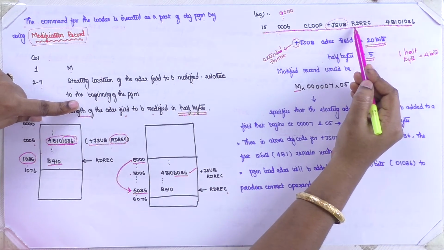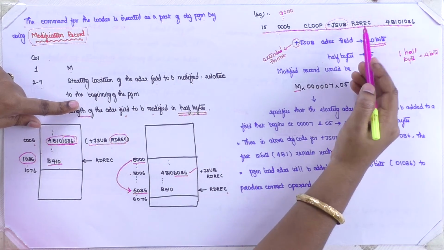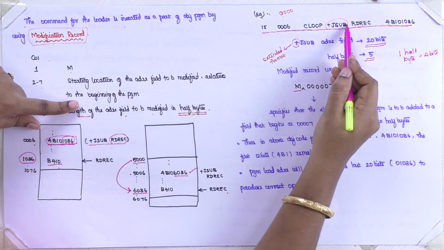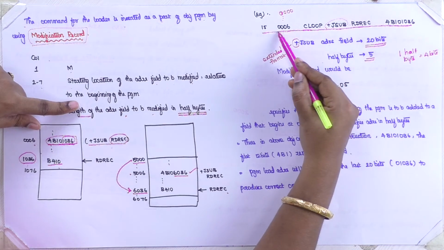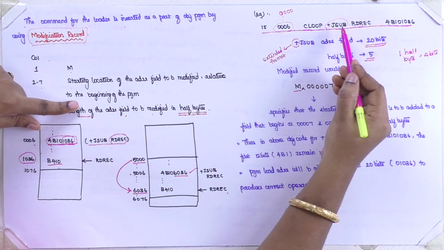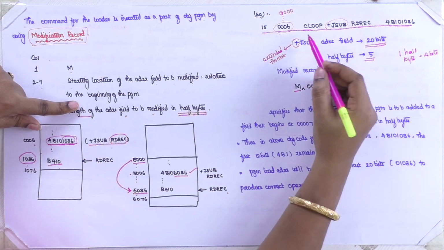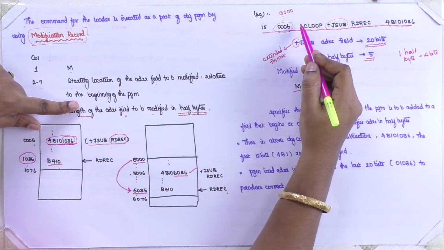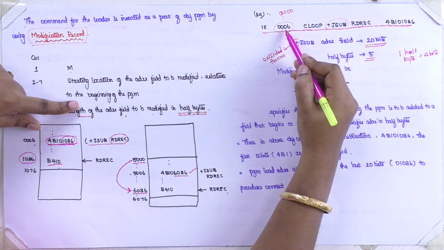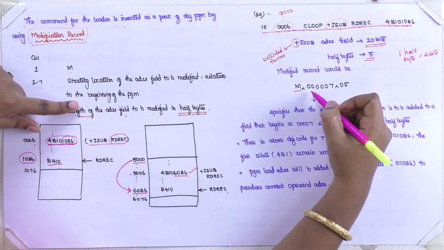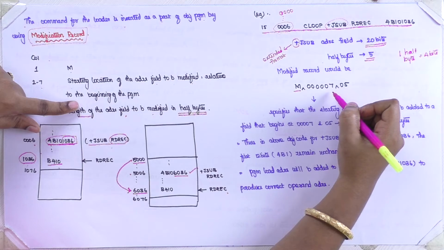So the starting location of this address field is actually the appropriate location counter value, 0006, but the starting address will be next to this location counter value, that is 0006 plus 1 equal to 0007.